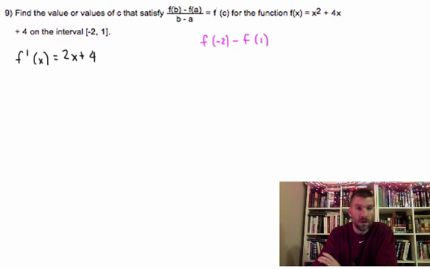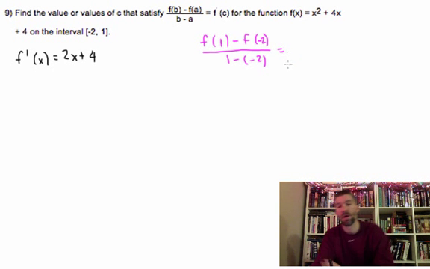That's backwards. We need to look at stop minus start, f of 1 minus f of -2, over 1 minus -2.